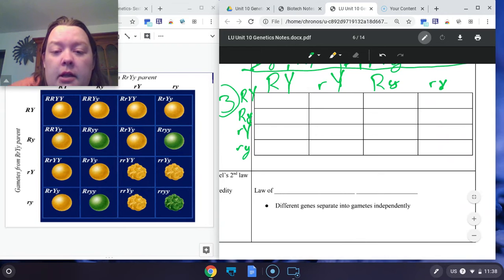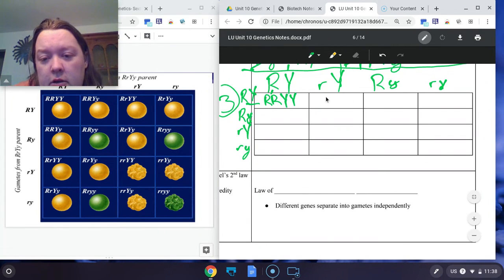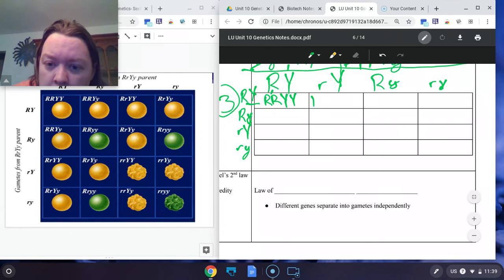So to fill in my first box right here, I'm going to first drag over my R. So this R would go here for a big R. This R would go here for another big R, and then I'd cross my Y's, my big Y with my big Y. All right, now for my second box here, this big R is going to go here, along with the little r.